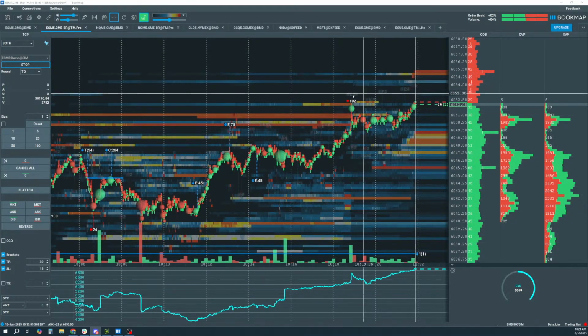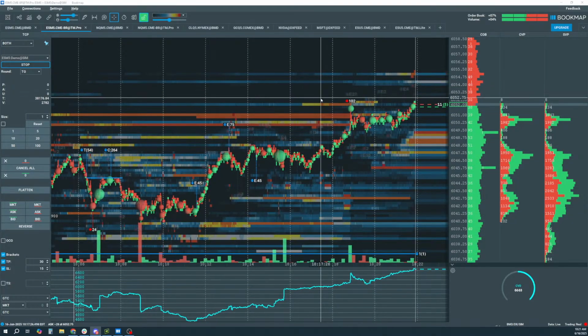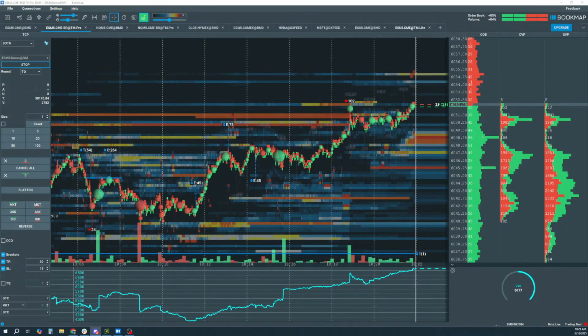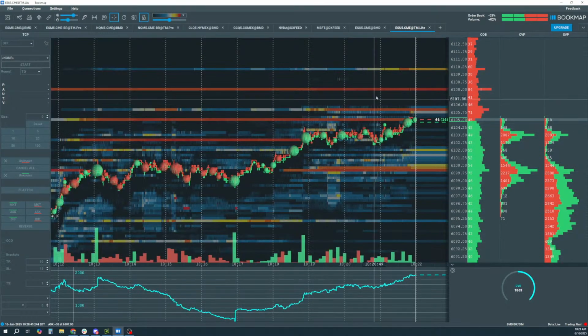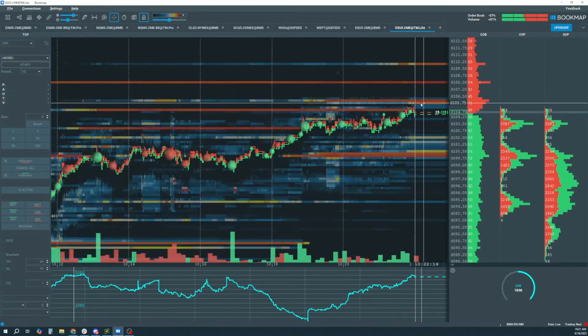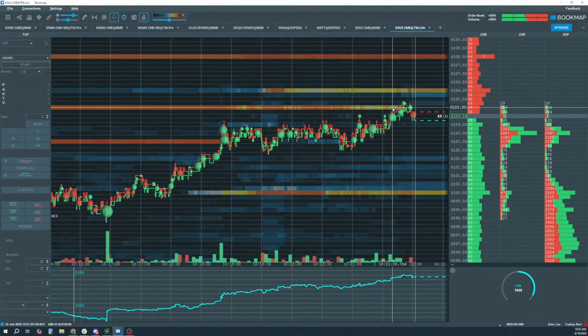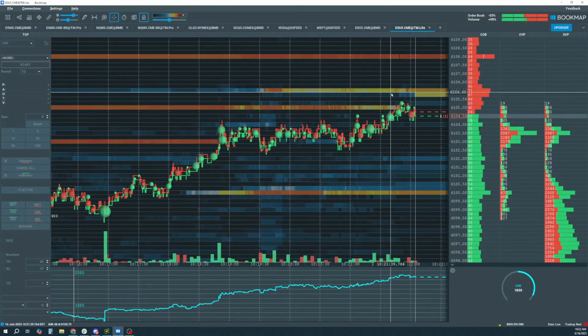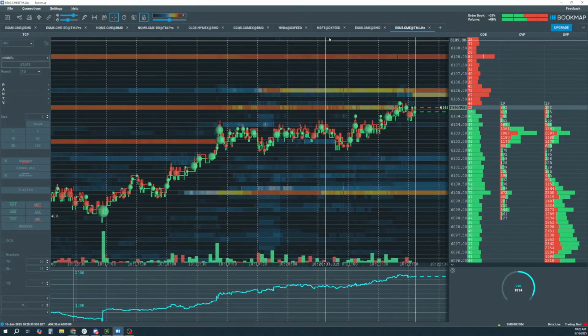Yep, still squeezing higher here. I'll jump over to the U contract for just a second here. Okay, it just traded up into some high liquidity here at 61.05.